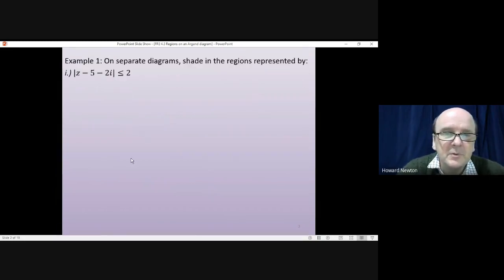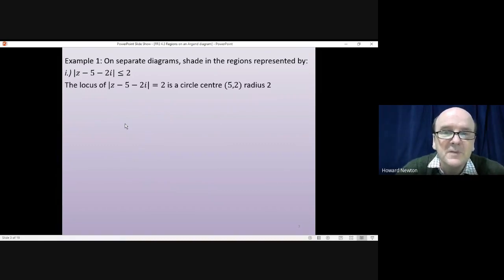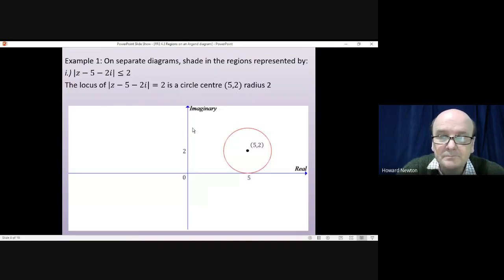So the first one, the modulus of z minus 5 minus 2i is less than or equal to 2. What you would do first of all is just draw the locus of the equation, the modulus of z minus 5 minus 2i equals 2. That'll give you a circle which has center (5, 2) and radius 2. So that would be the locus if this was an equation.